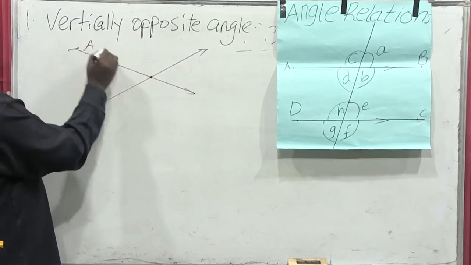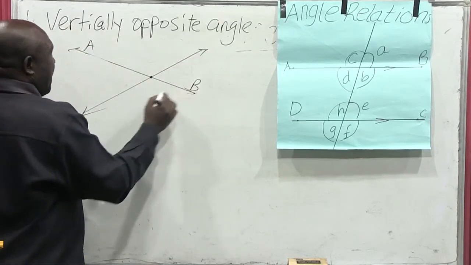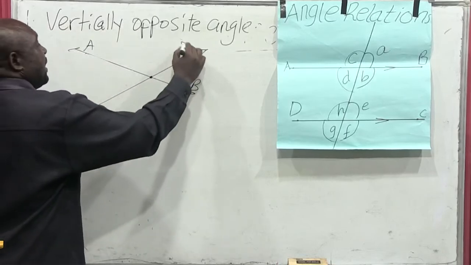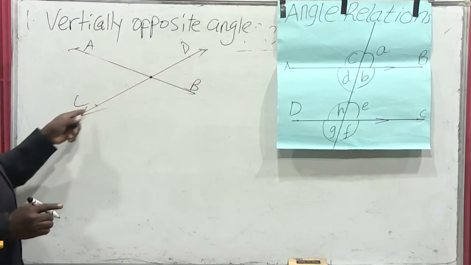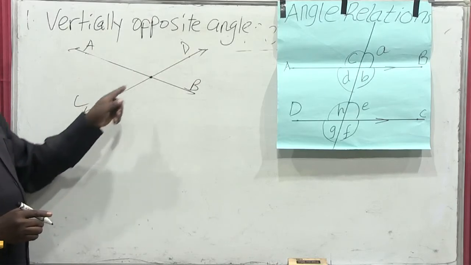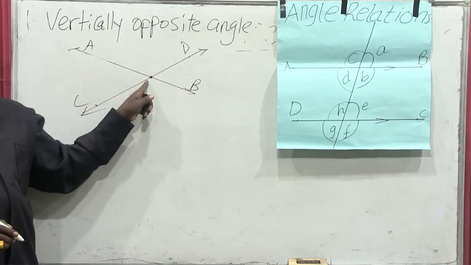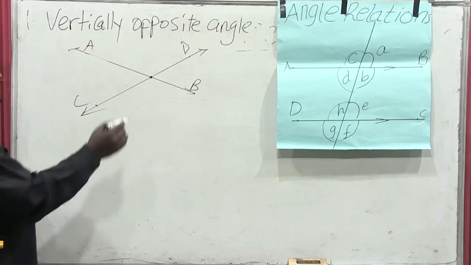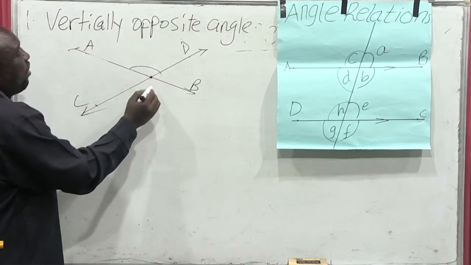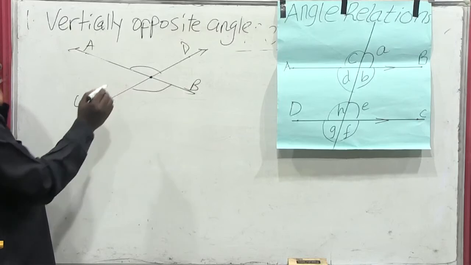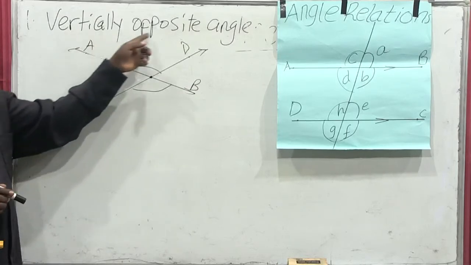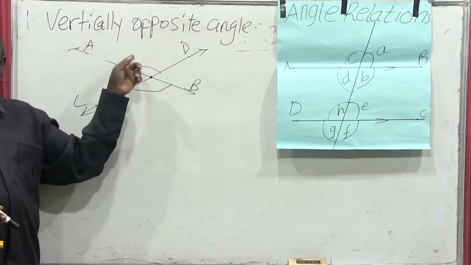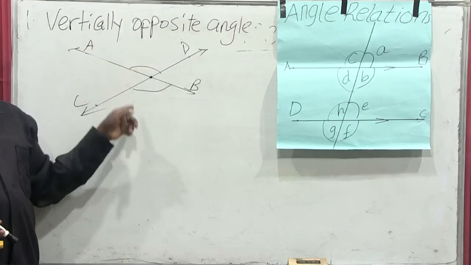Let's say this is line AB, this is line CD. So line AB and line CD are crossing at this particular point. Therefore, the angles which are formed there are known as vertically opposite angles.